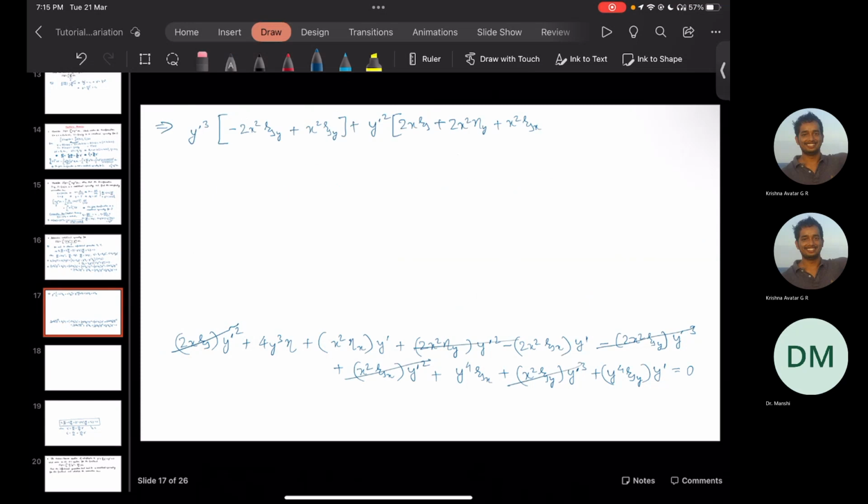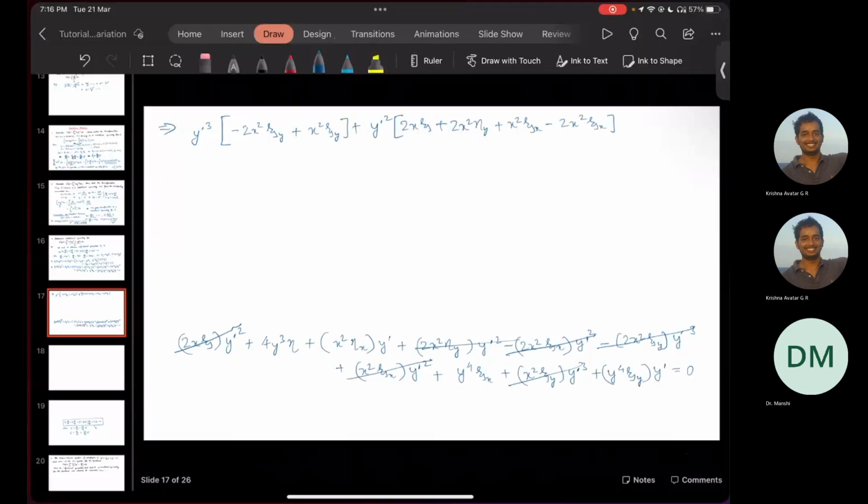This is also squared. So we'll have one more term: first, second, this as well. So with this, we are done with y prime squared terms.